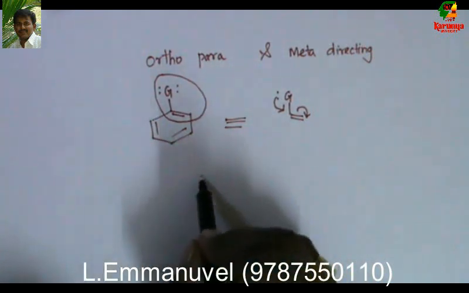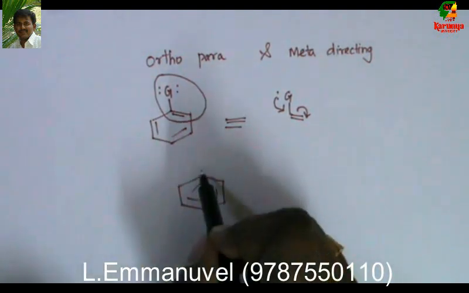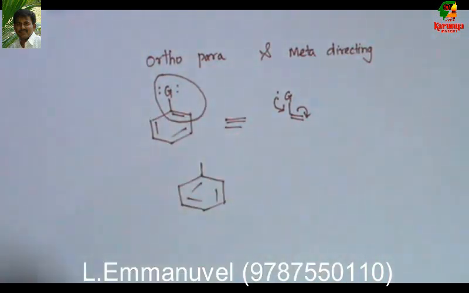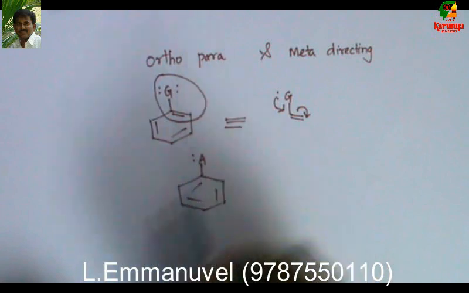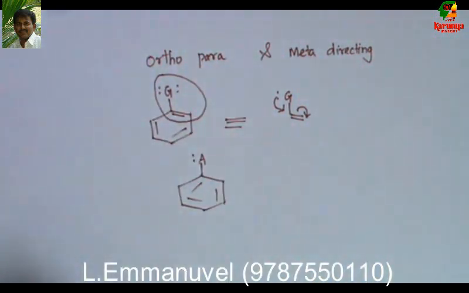Simply you can remember like this. If the atom attached to the aromatic ring contains a lone pair of electron, then that is ortho para directing.